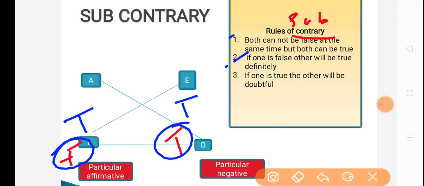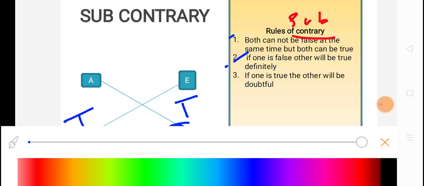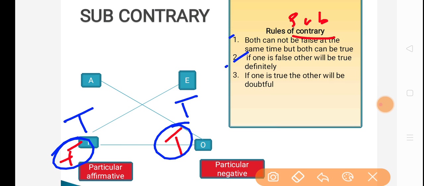Okay, this we covered already. Then, if one is true, the other will be doubtful. The other will be doubtful here.